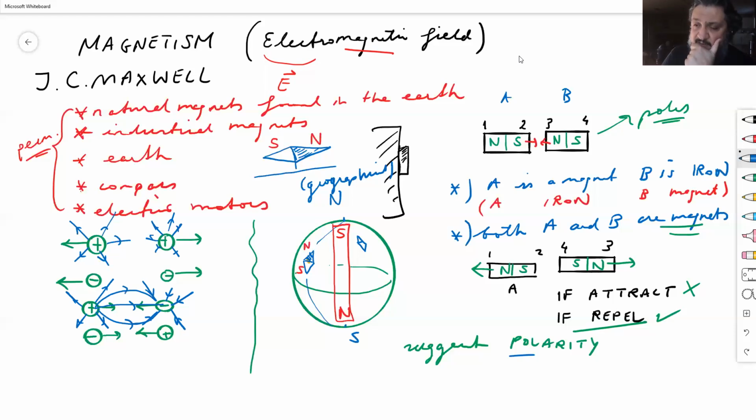Now in the case of a magnetic field lines that are generated by magnets, that's the idea, right? If electric fields are generated by electric charges, maybe these poles or magnetic poles or magnets are generating magnetic fields.